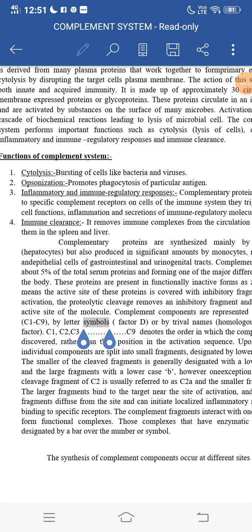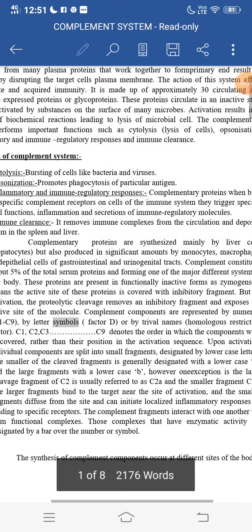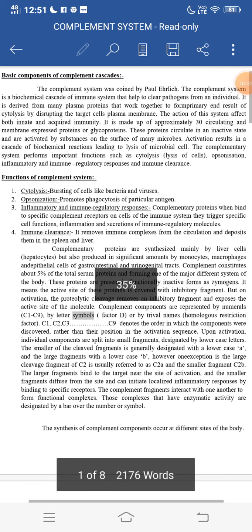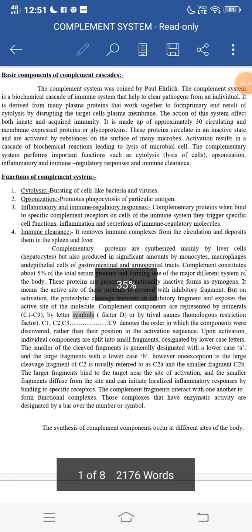Then third is the inflammatory and immune regulatory responses. Complement proteins, when they bind to specific complement receptors on the cells of the immune system, maybe the T cell or the B cell, trigger specific cell functions.